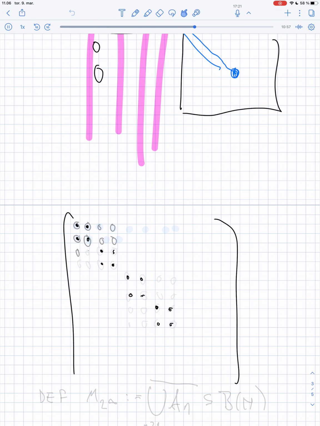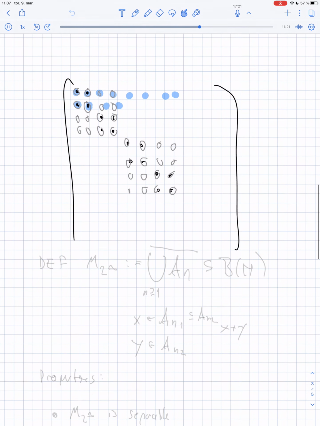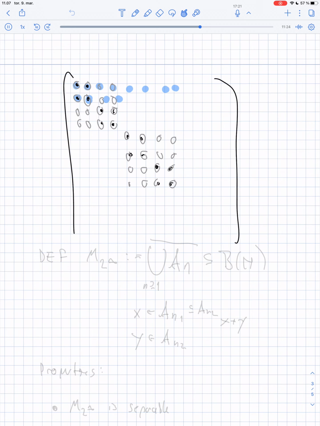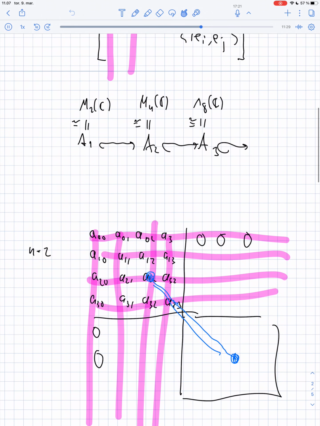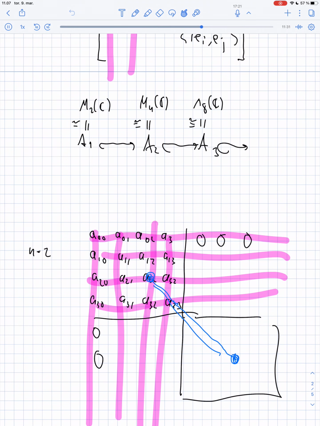They live like this, and I repeat them like this. And the next time again, I get the 8 by 8 matrices, and they live like this, and so on. So you can perhaps see that I'm nesting these. The whole point of this construction is that I'm putting the 2 by 2 matrices inside the 4 by 4 matrices, inside the 8 by 8 matrices, and so on in a controlled way.